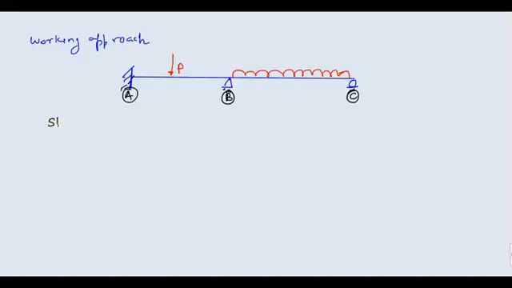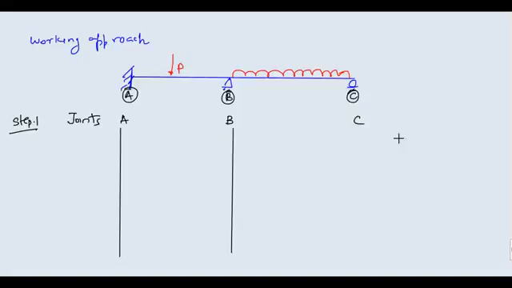Step 1: write the names of the joints, A, B, C. Now draw a small table like this. Step 2: write the names of your members.